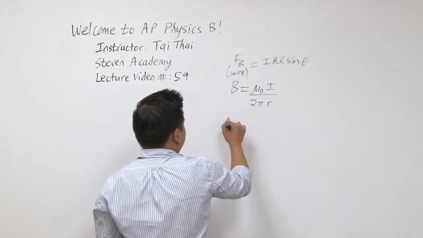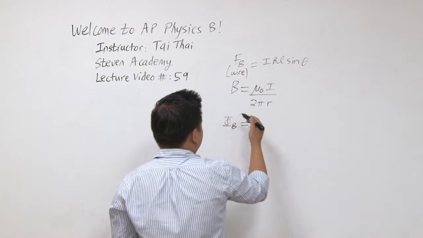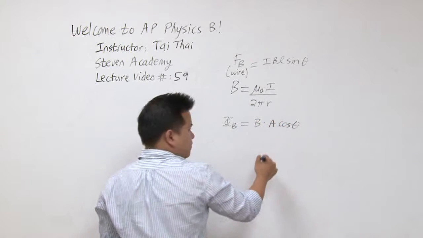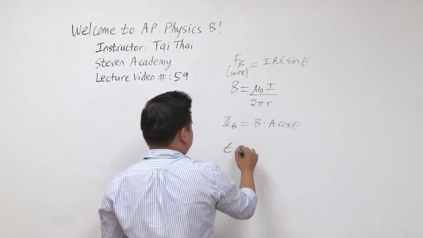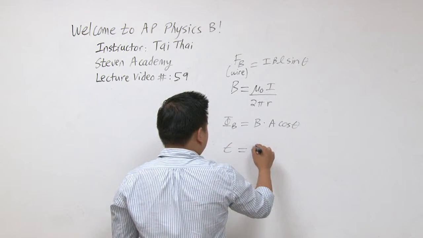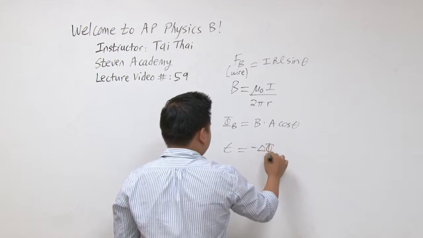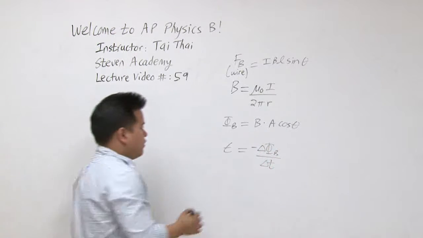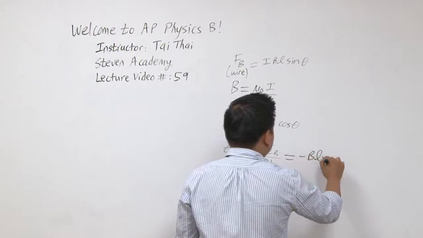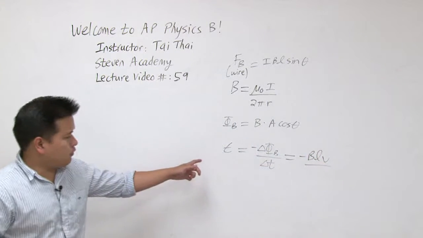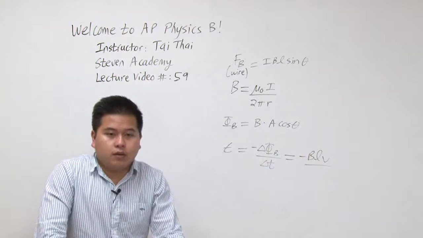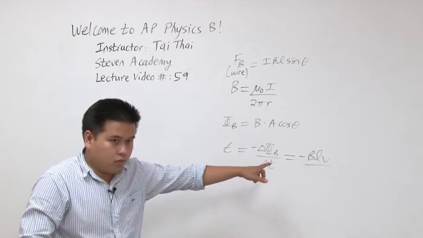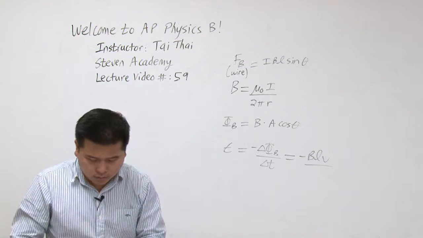And you know that Faraday said that magnetic flux is B times A cosine theta, and that the epsilon is equal to the negative change in the magnetic flux over delta T. So you plug it all in and you get that this is equal to negative B L V, okay? So that's the potential difference created by moving the conducting wire through the magnetic field at a certain velocity.